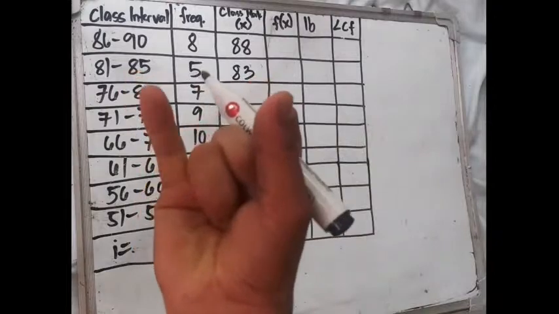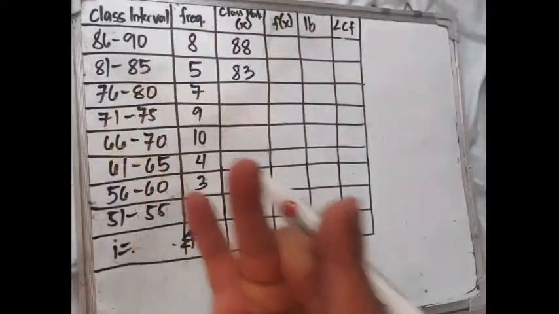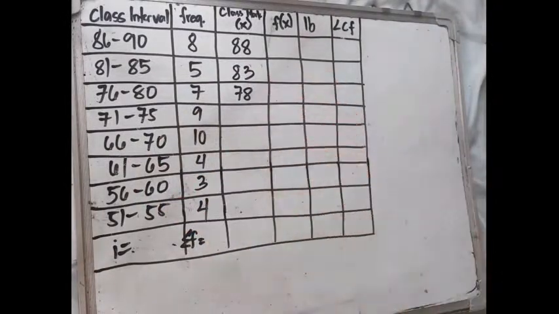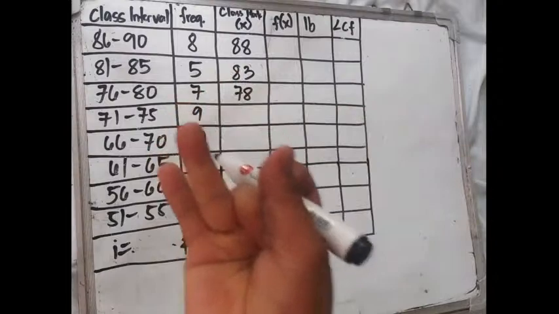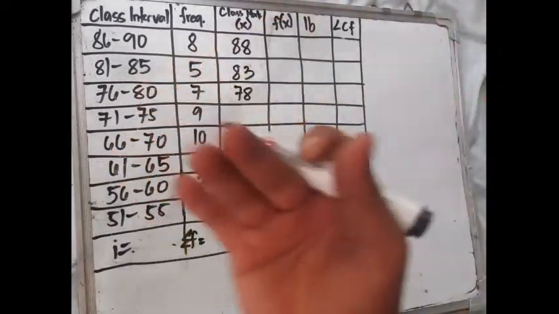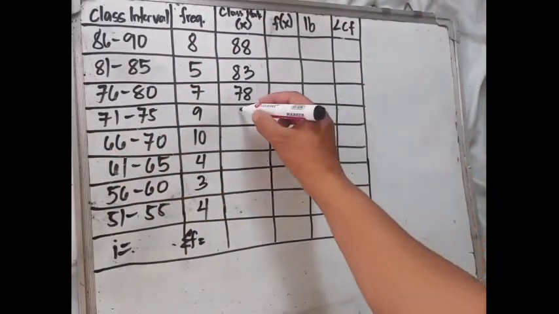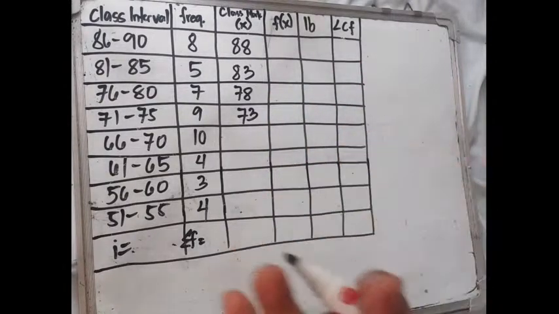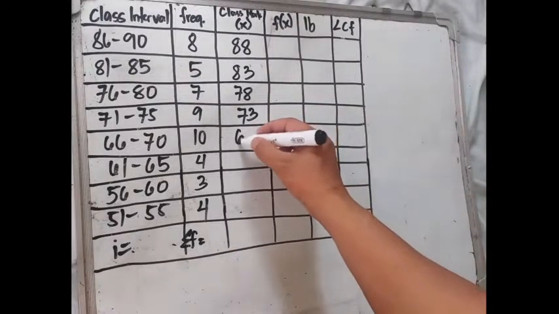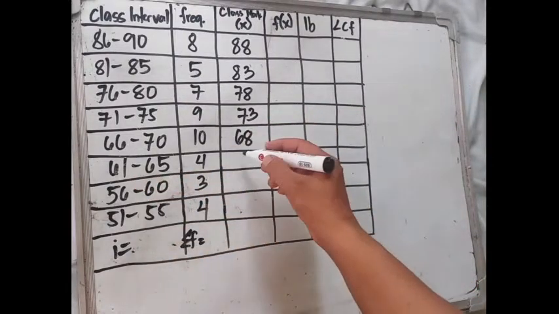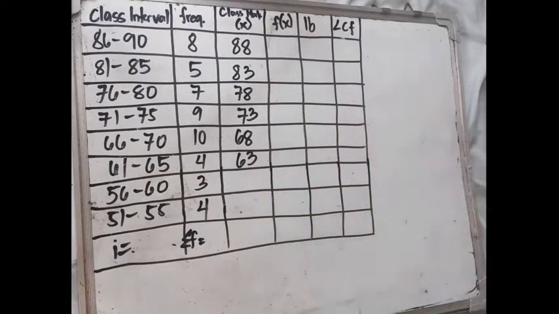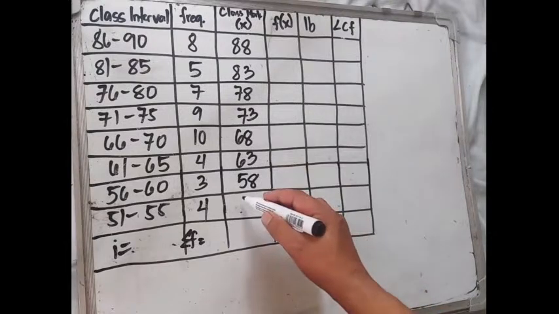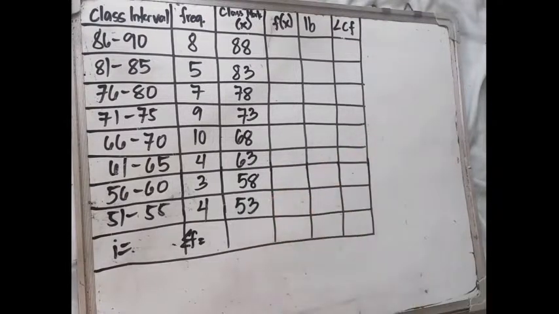Next, 76, 77, 78, value of x. Then 71, 72, 73. Next, 66, 67, 68. Next, that is 63. Next, that is 58. Next is 53.